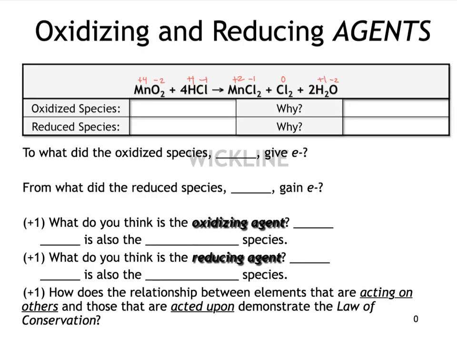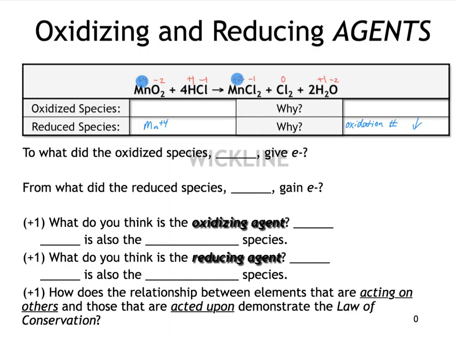All right, now let's first find the species who was reduced. So one of the things that I can see is that manganese started the reaction at a +4 and ended at a +2, indicating that manganese +4 was the reduced species. So the oxidation number has decreased for manganese +4.